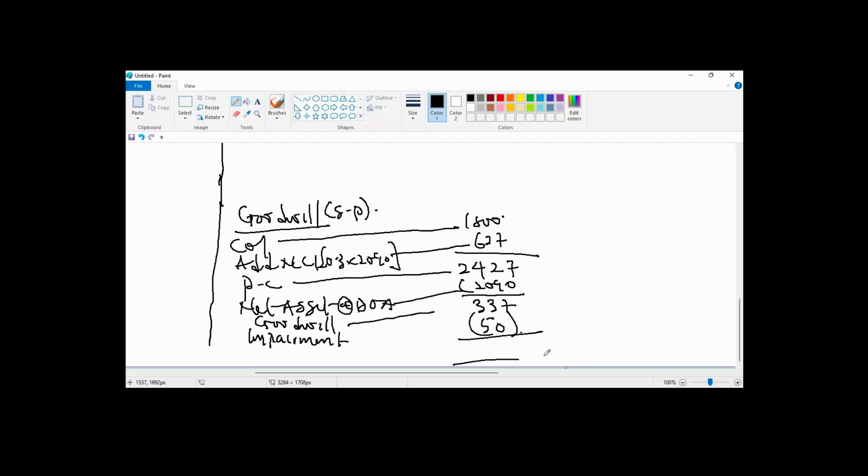I will less the impairment: 337 minus 50 is 287. That's the end of the goodwill calculation. Goodwill that will go at the date of consolidation. Impairments. Goodwill.